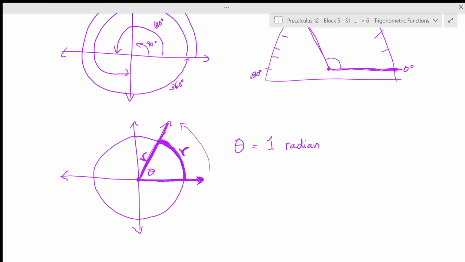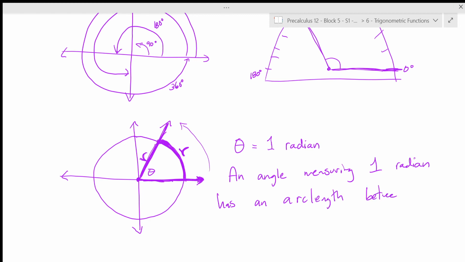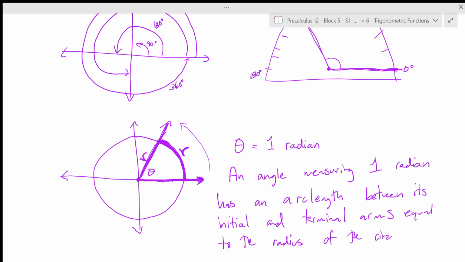Okay? So an angle, and just for the definition verbally, an angle measuring 1 radian has an arc length between its initial and terminal arms equal to the radius of the circle drawn.